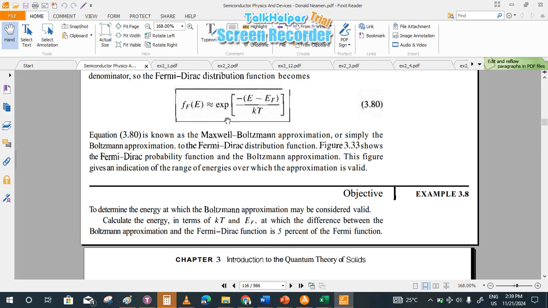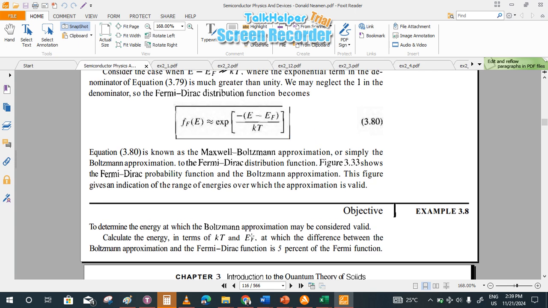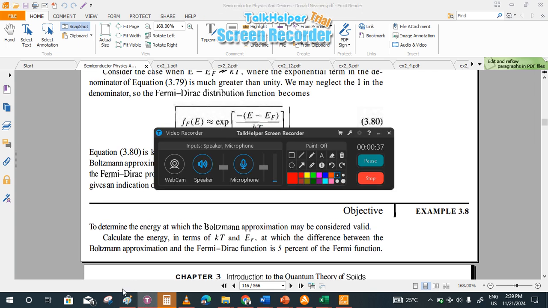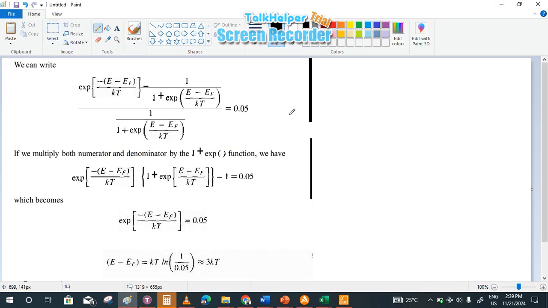And that is why that is important, because when we get to the issue of the actual, we said that your n is actually nc integral, gc of fe.